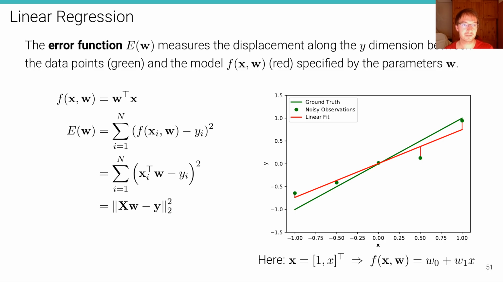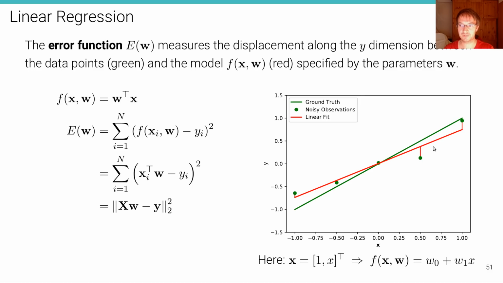Well, we define an error function. An error function E measures the displacement along the Y dimension, for instance here, these little red lines, between the data points in green and the model predictions, in this case in red.